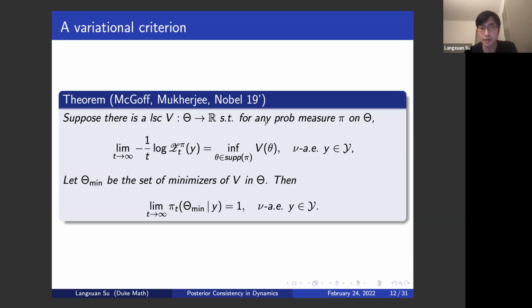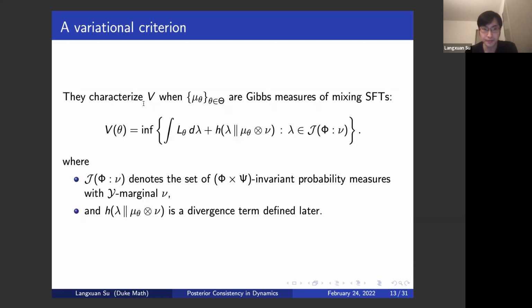And the other main result is that they characterize, for that particular system, what this v is. Actually, they characterize v as having the following form.